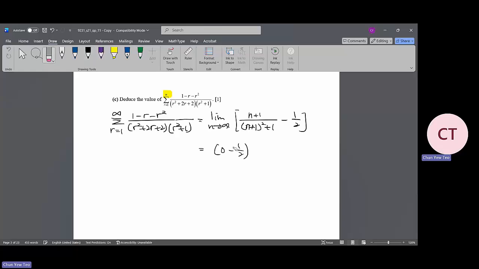It's a negative half, so we just write negative half. Done. This will be the answer for number 2C.